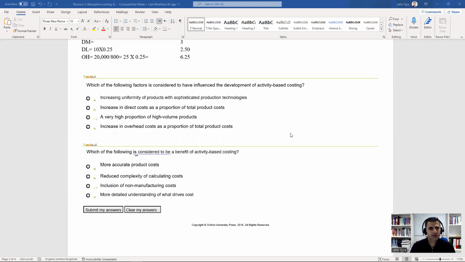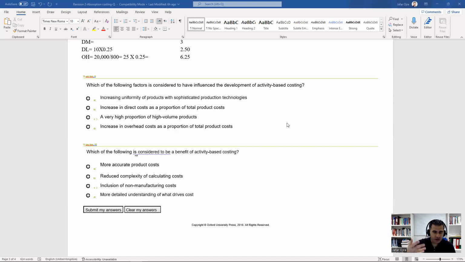Question number 9: which of the following factors is considered to have influenced the development of ABC? Activity-based costing was developed for a lot of reasons, but mainly because overhead costs became really complex and increased.